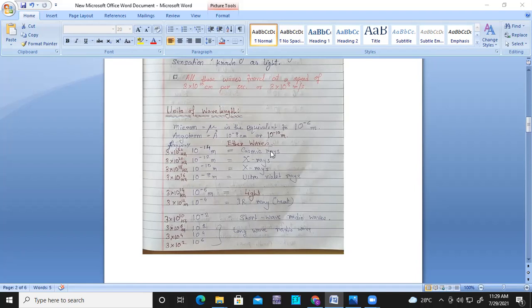So this is also not visible range, but after that it comes to the visibility, that is up to 10 to the power minus 6 meter. It is the visible light range, and then again up to 10 to the power minus 4. Whenever it crosses 10 to the power minus 4 or thereabouts, it becomes the IR ray, meaning infrared ray.